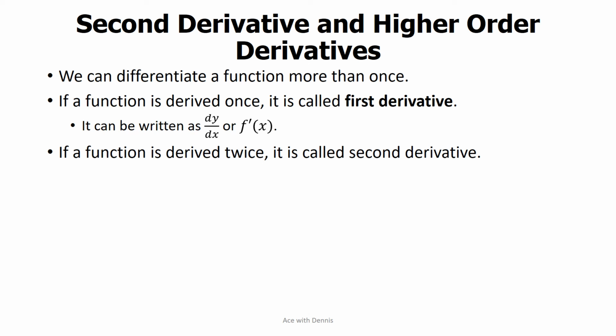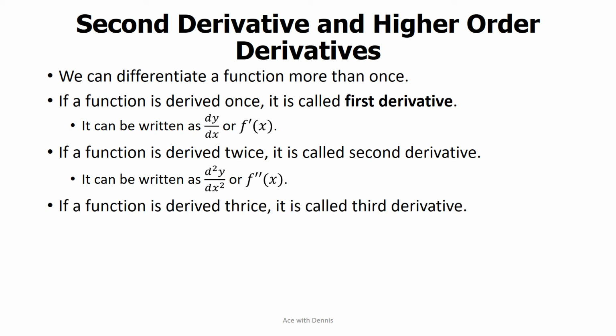If a function is derived twice, it is called the second derivative. It can be written as d squared y over dx squared or f double prime x. If a function is derived thrice, it is called the third derivative. It can be written as d cubed y over dx cubed or f triple prime x, and so on.